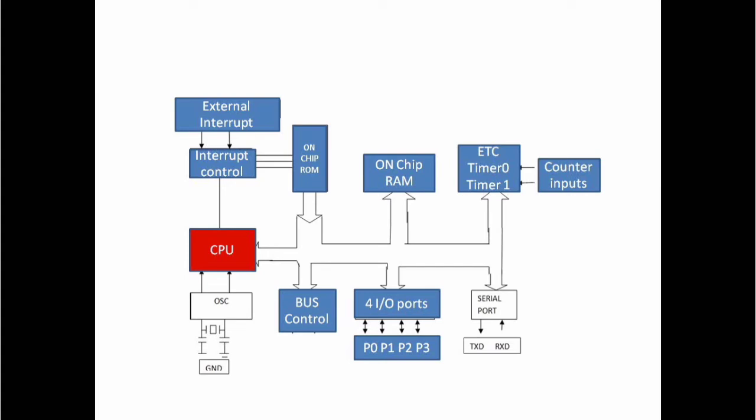So these ports can be configured either as an input or as an output. Now how to configure the port as an input and output? When you want to configure the port as an output, then logic 0 should be applied to that particular bit or to that particular IO port.